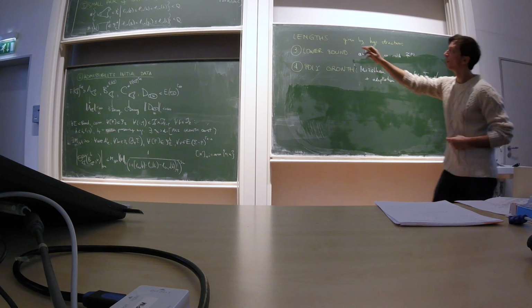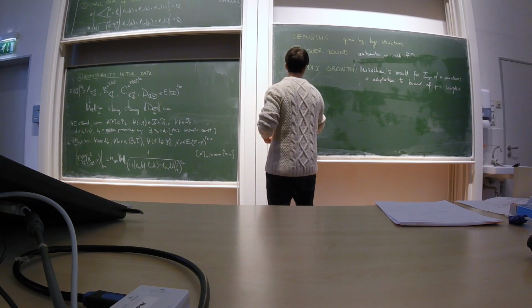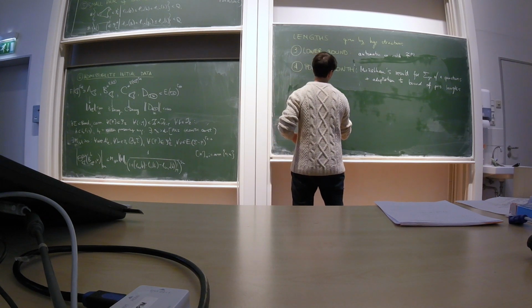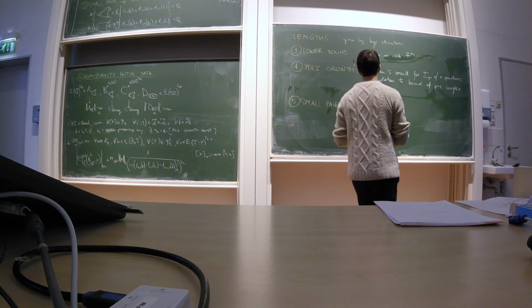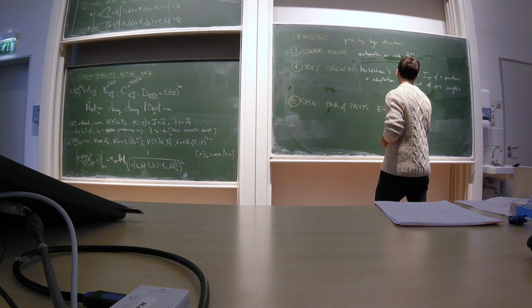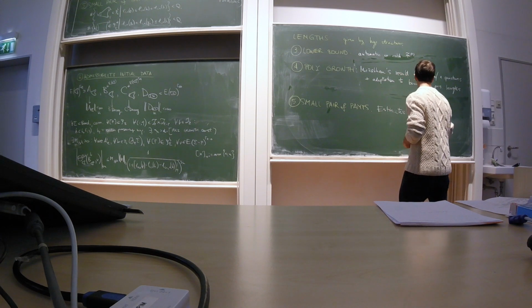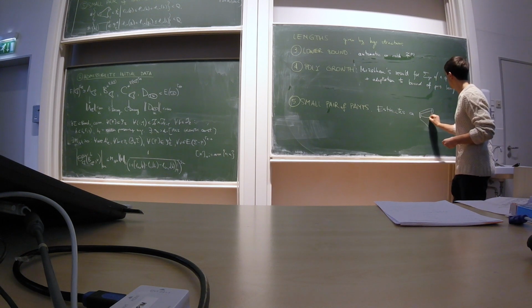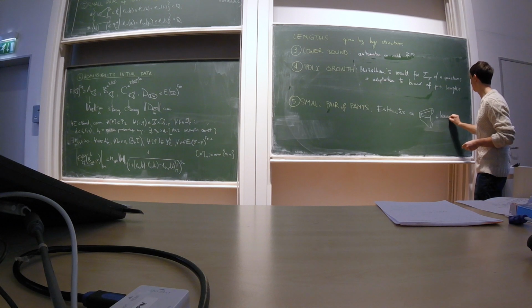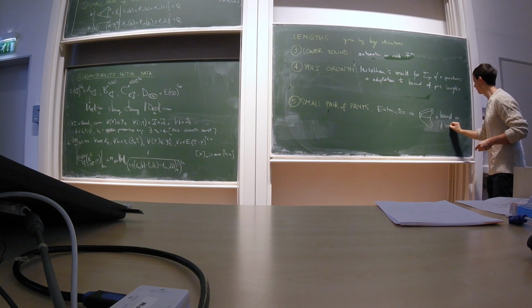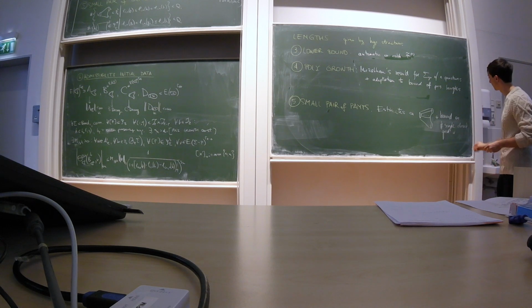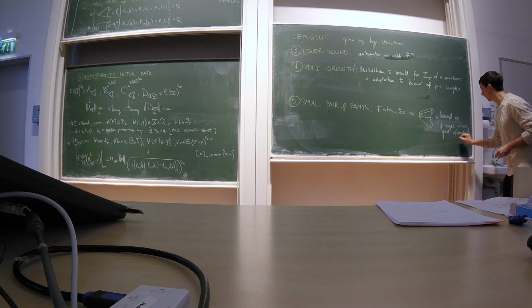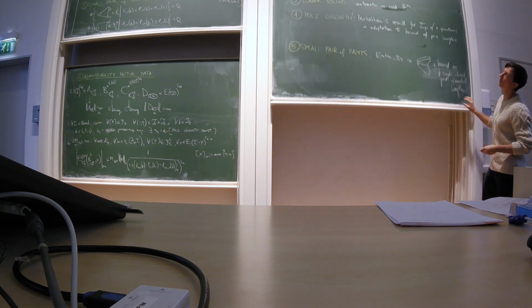And instead of small pair of pants, then I would write estimates plus bound on the number of simple closed geodesics of bounded length. And this should be the view of that.